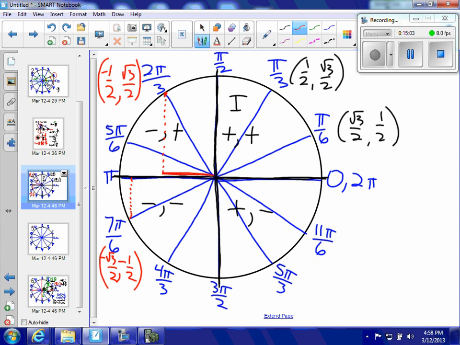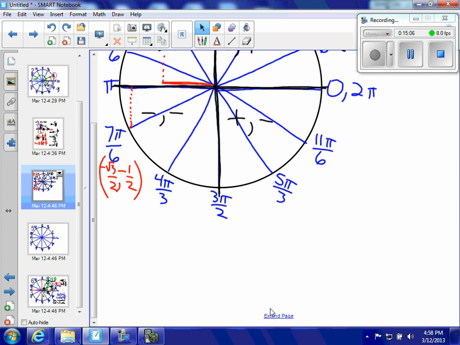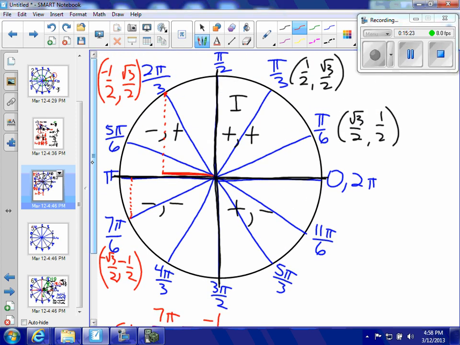So, for example, sine 7 pi over 6 is equal to negative 1/2. Or let's write it here, sine 2 pi over 3 is equal to radical 3 over 2. The coordinates of the point on the unit circle, where that angle is.